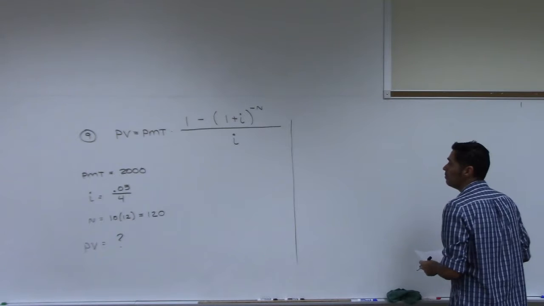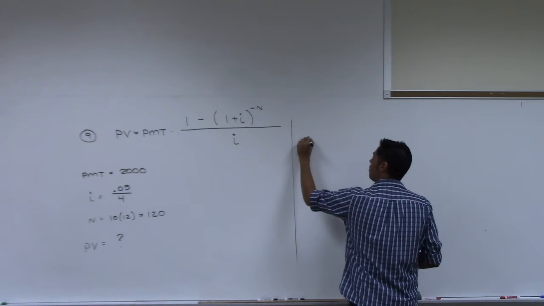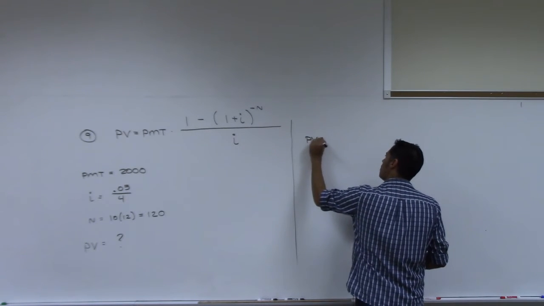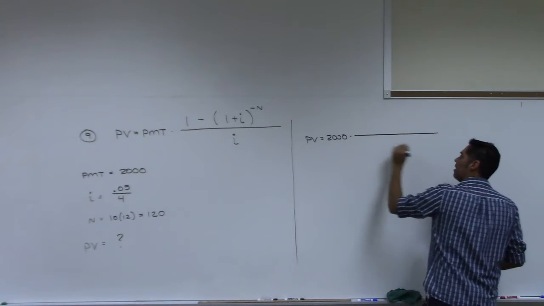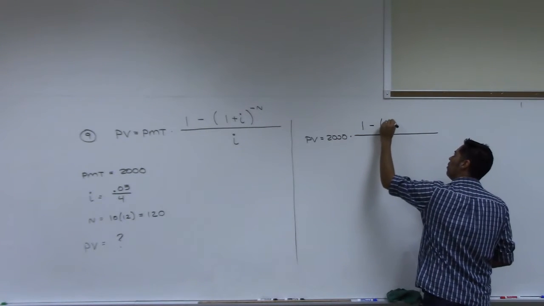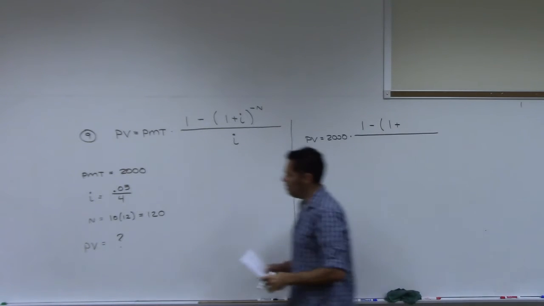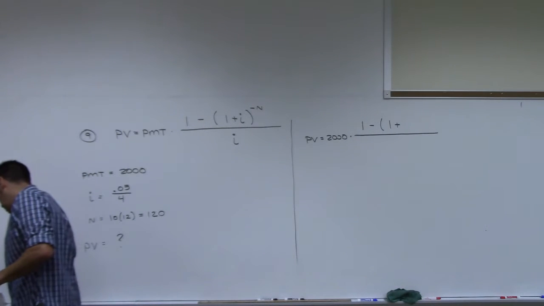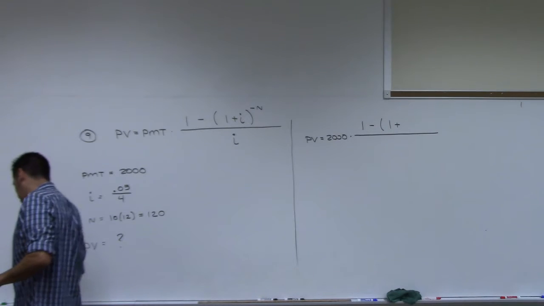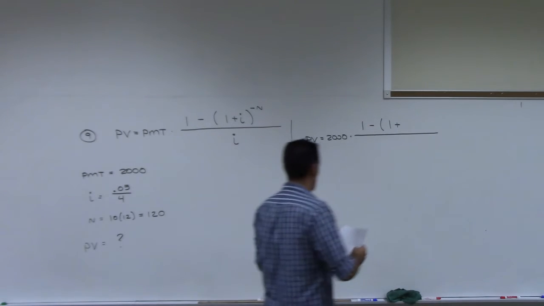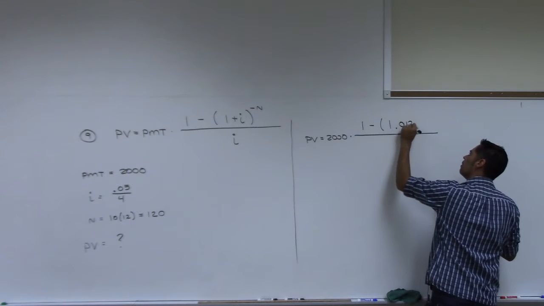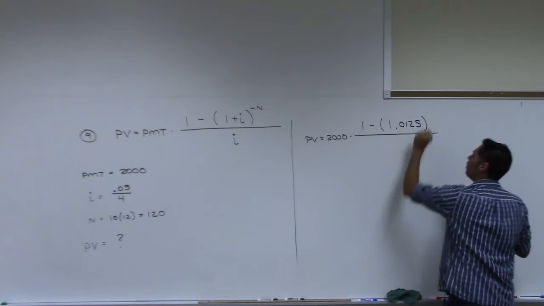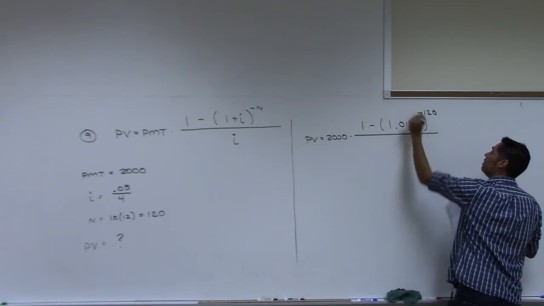So let's plug in. Present value we don't know, equals 2,000 times, and then we have 1 minus 1 plus, what is that? 0.05 divided by 4, just to be sure, 0.0125. Raised to the negative 120.